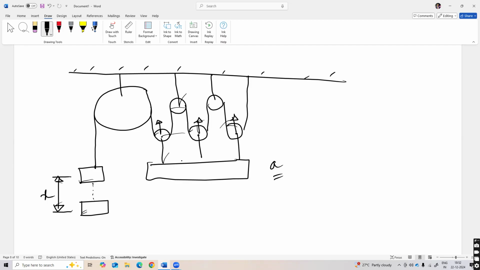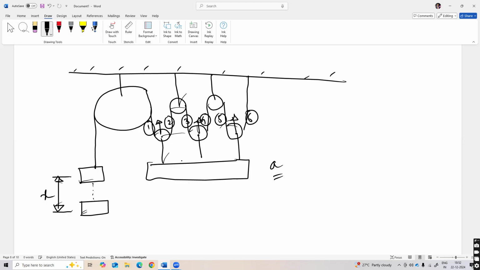And see, this rope is covering how many times? This is one, this is two, this is three, this is four, this is five, and this is six.